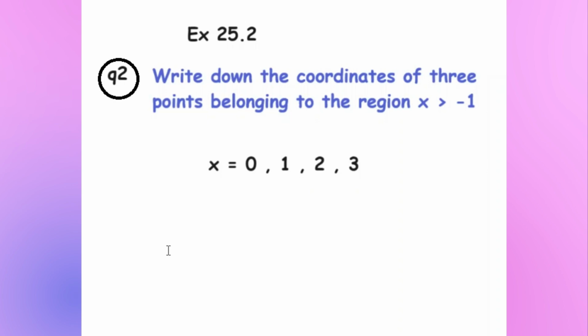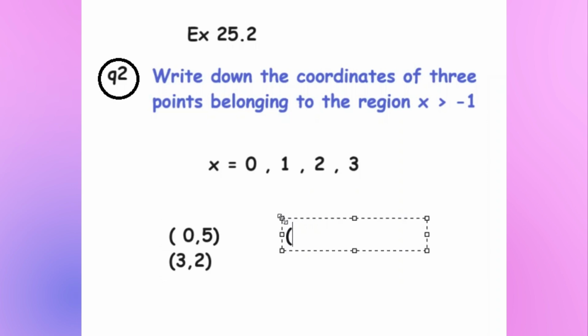So we can write coordinates using these positive x values and any y coordinate value. For example, 0 comma 5, 3 comma 2, 7 comma minus 3, 1 comma 0, like this.